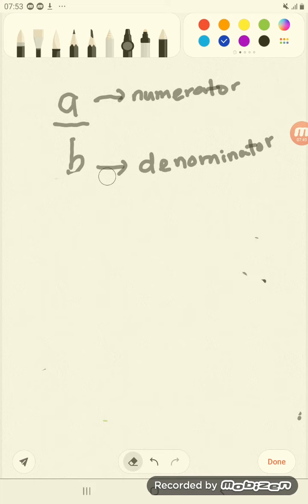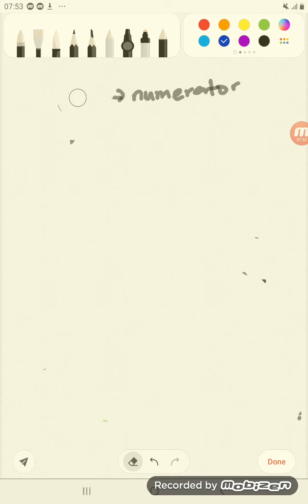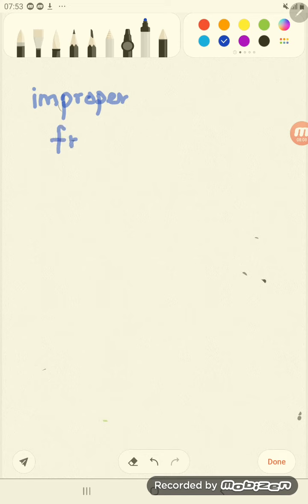Let's erase all these things and go back to our part here. If we have an improper fraction, you can convert it into a proper fraction.